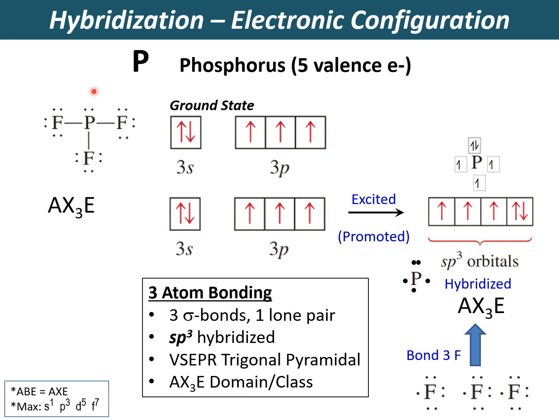It's the lone pair electrons. So we have 1 lone pair for E here. So this is what happened when we took this hybridized look of fluorine and bonded it with a hybridized look of phosphorus. And here it is, 3 sigma bonds, 1 lone pair, which we can see in a hybridized look. sp3 hybridized, we memorize that it's VSEPR trigonal pyramidal, and we have AX3E domain classification.